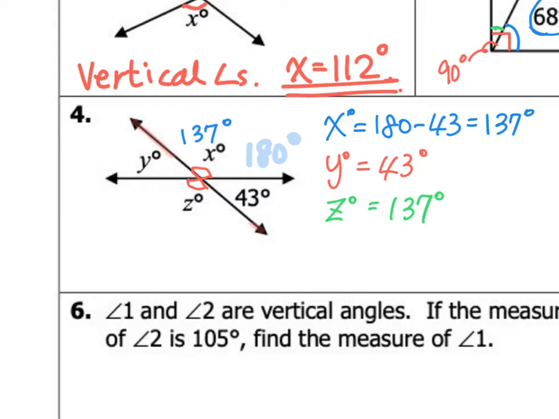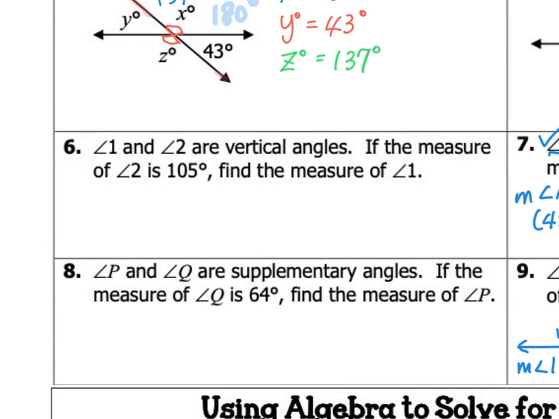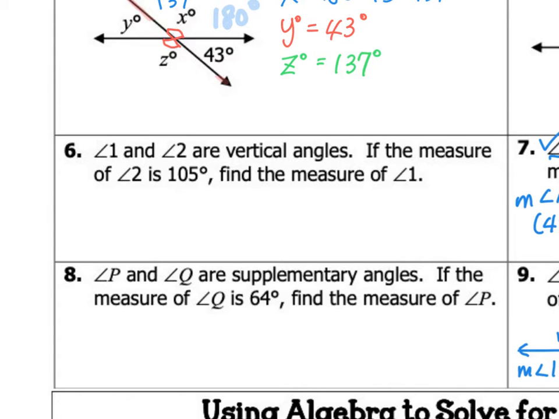Number 6. Angle 1 and angle 2 are vertical angles. If the measure of angle 2 is 105 degrees, find the measure of angle 1. So we don't even need to calculate if you understood what a vertical angle means. What does a vertical angle mean? They are always congruent.